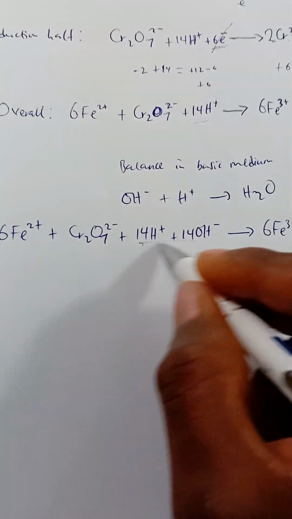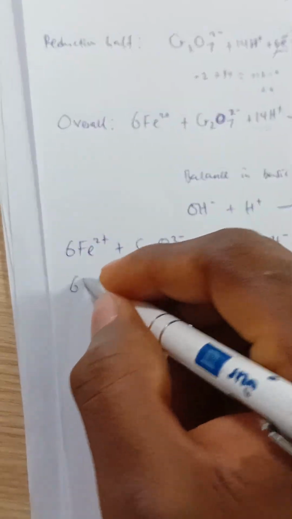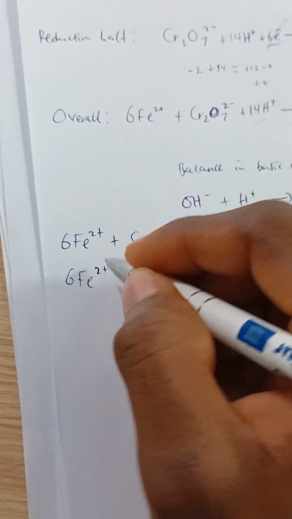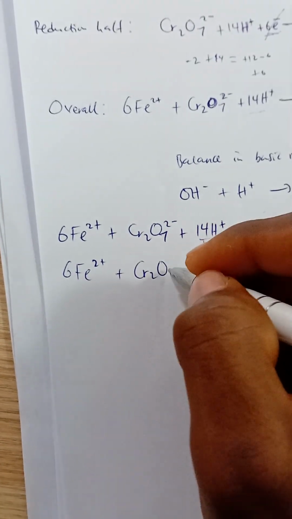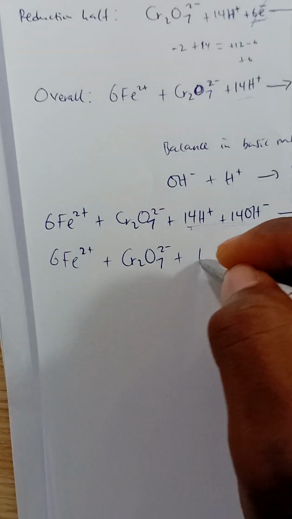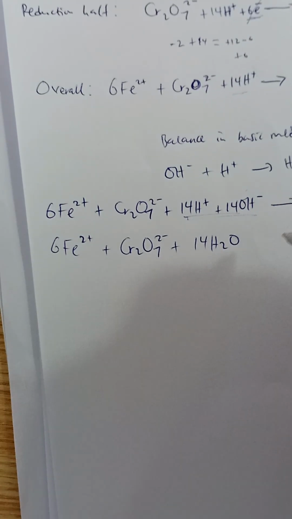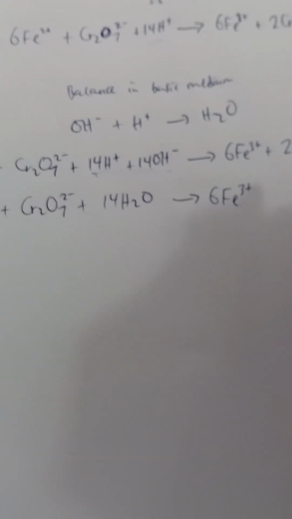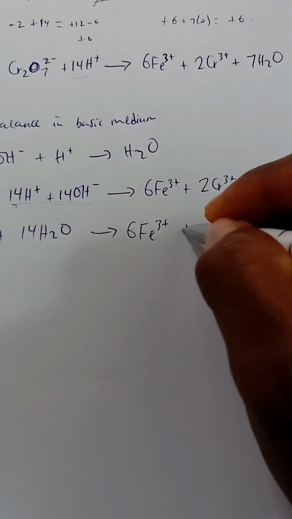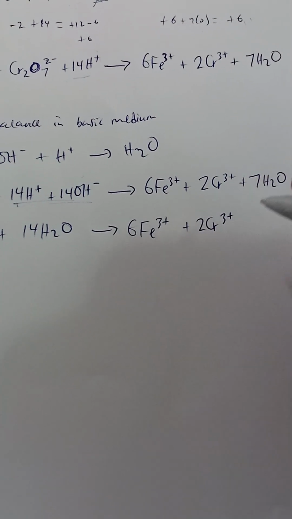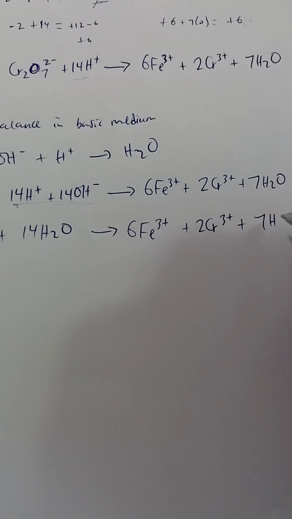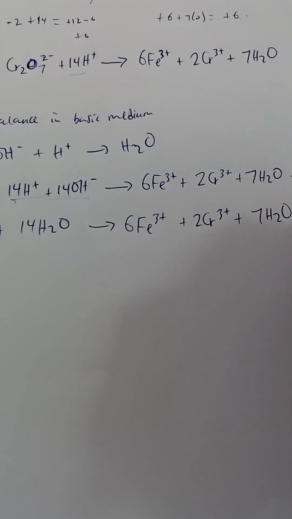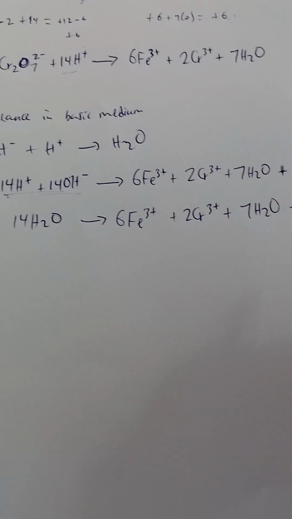Then this is going to give us water. So we have 6Fe2 plus, Cr2O7 2 minus, plus 14H2O going to 6Fe3 plus, plus 2Cr3 plus, plus 7H2O plus 14OH minus.